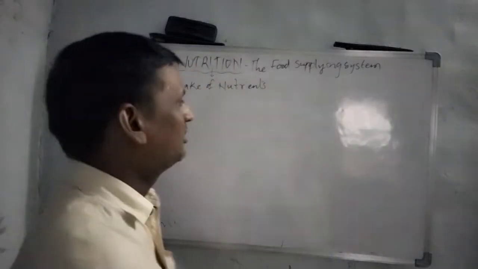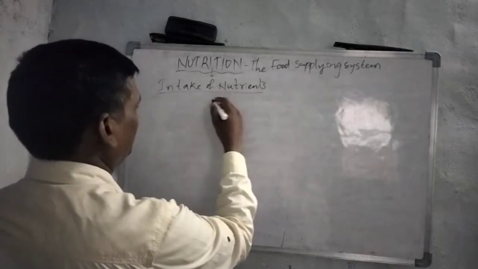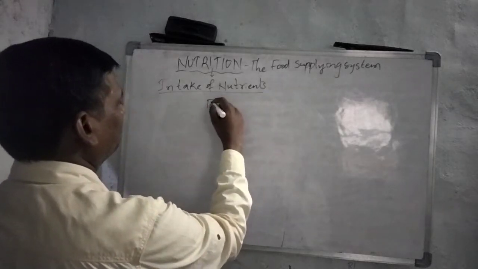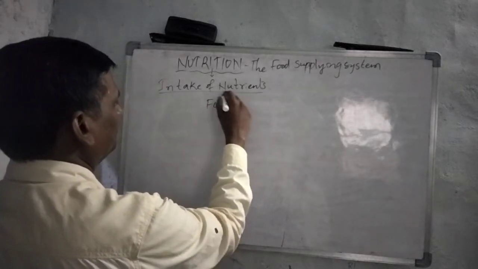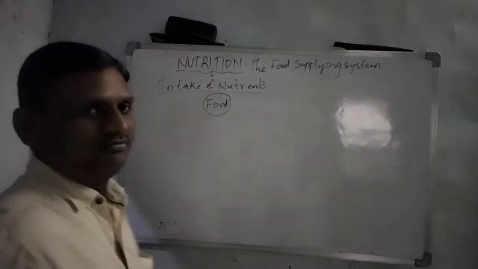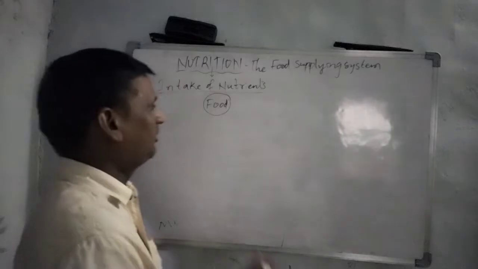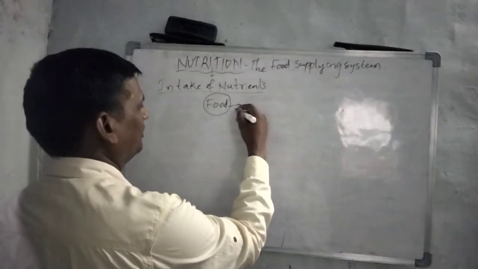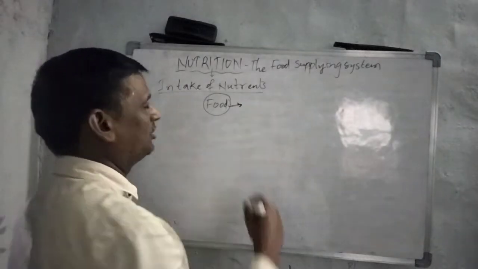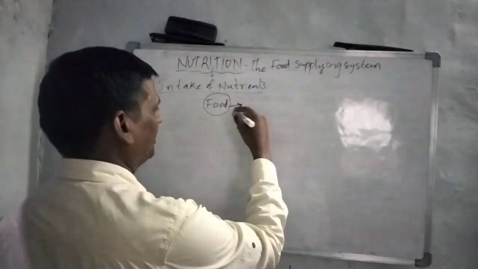In nutrition, generally, we take different types of nutrients from the food. So why do we have to take food? Generally, food is one of the most important sources for our human life.